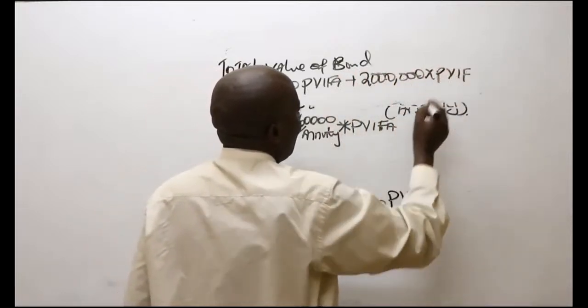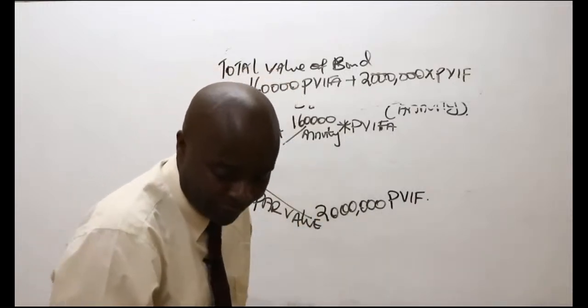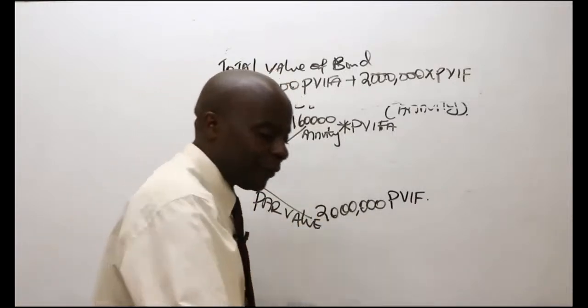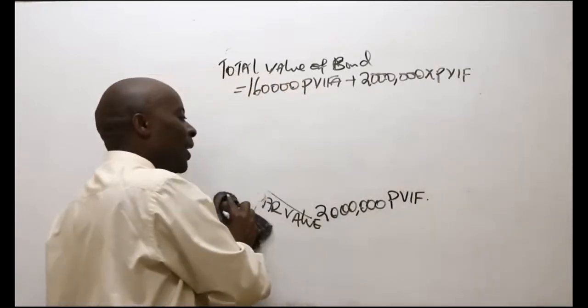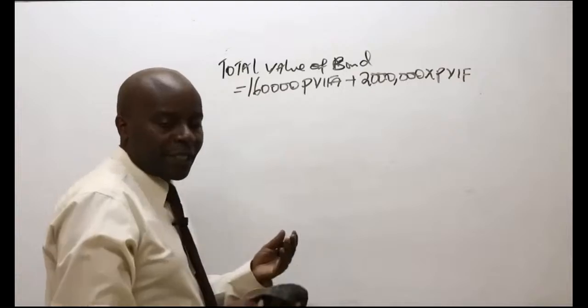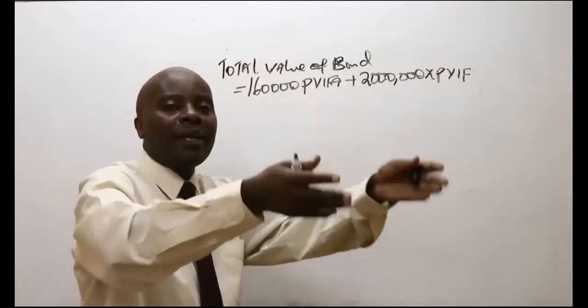PV. The total value will be gotten by us looking at the benefits, the cash flows that we shall be getting: the interest plus our redemption value.